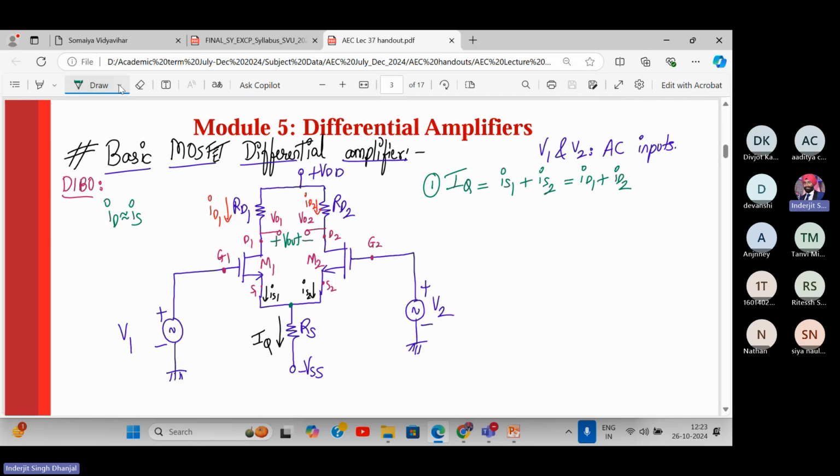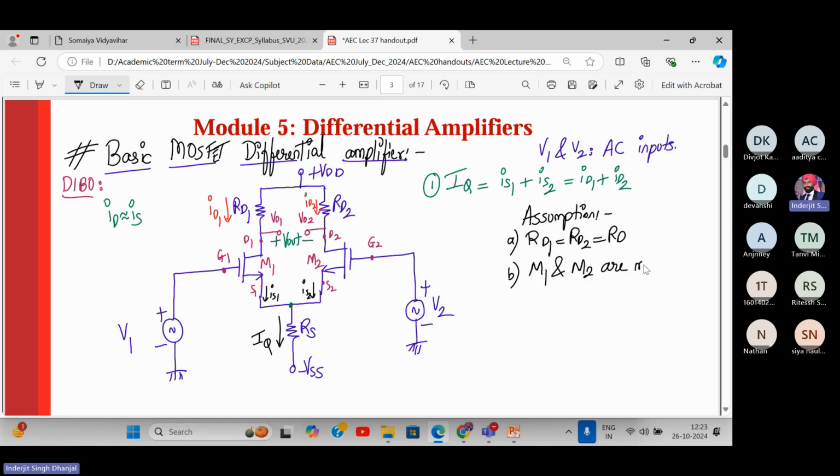All right. There are certain assumptions while we proceed further. So let's list down the assumptions. Assumption number 1 is that the value of the resistor RD1 is matched to the resistor RD2. Drain resistors RD1 and RD2 are the same, RD. Then we consider the MOSFETs M1 and M2 to be matched.